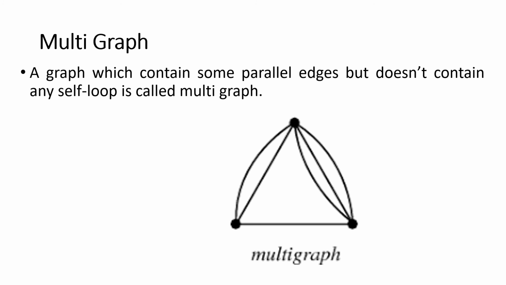In the given example of an undirected graph, we can see that there exist parallel edges between the vertices A and B and between the vertices A and C. But we can also see that none of the vertices has any self-loop. Thus, the given graph is an example of a multigraph.